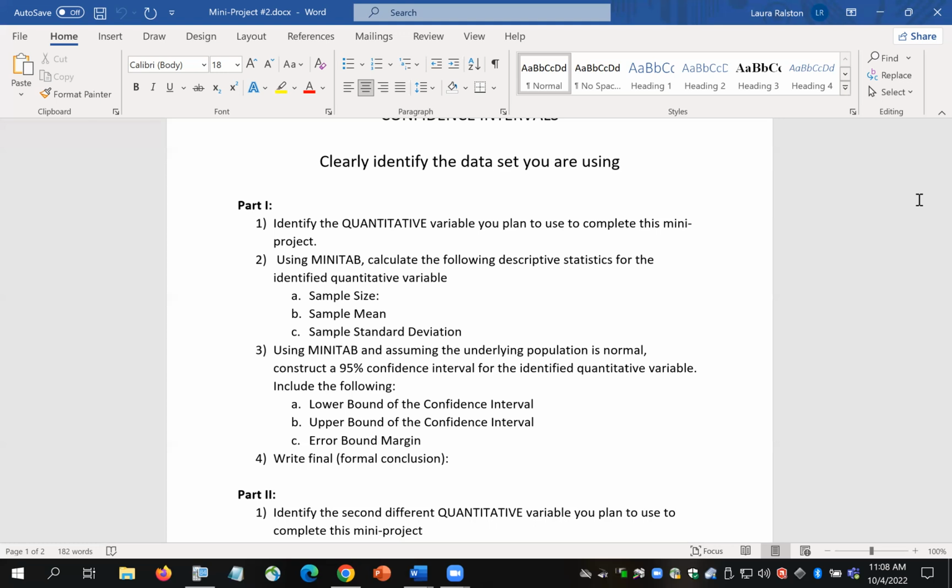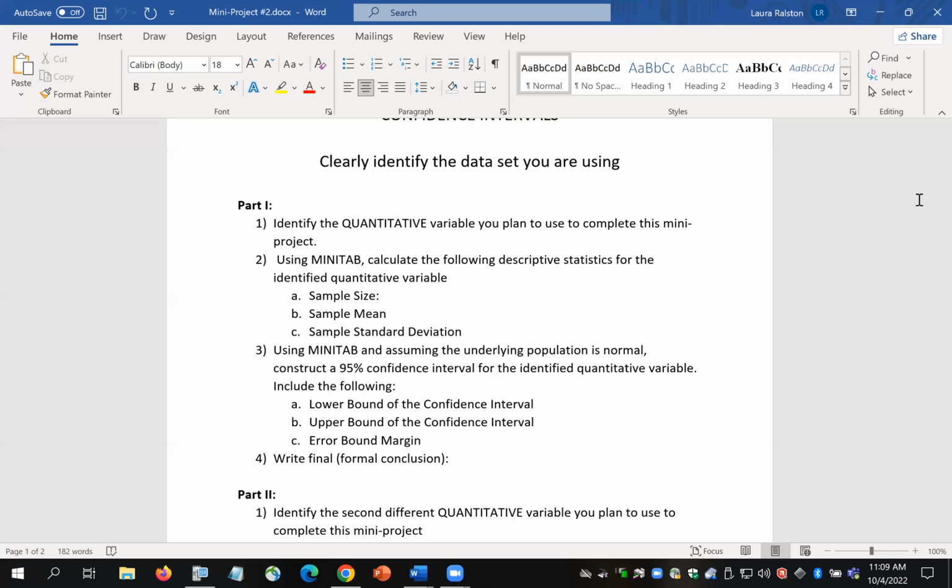And so the second question asks you to calculate the descriptive statistics, which you have learned how to do at the beginning of module 2 in Minitab. And then you're asked to construct a 95% confidence interval. I'm telling you to do 95% confidence.